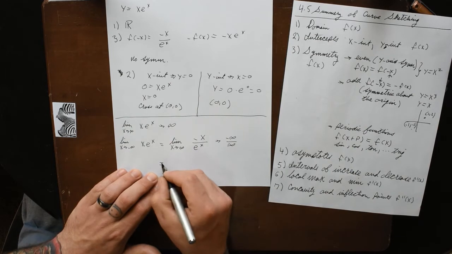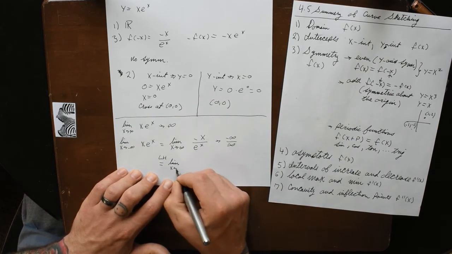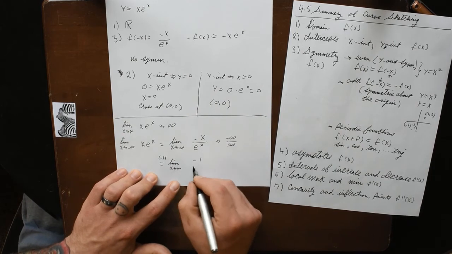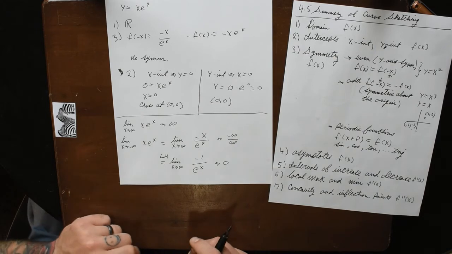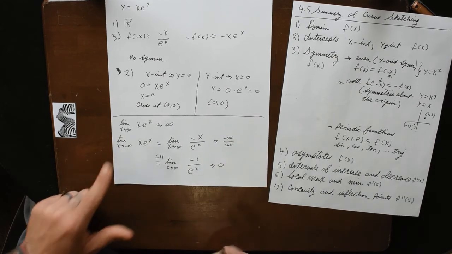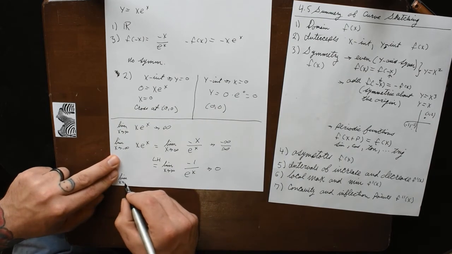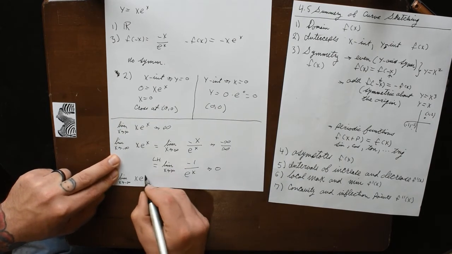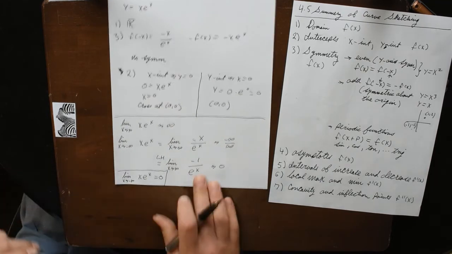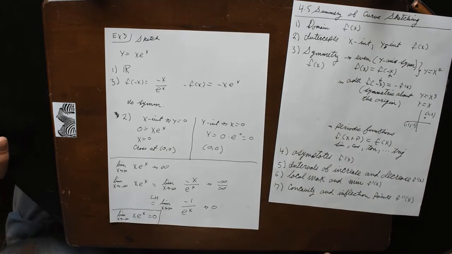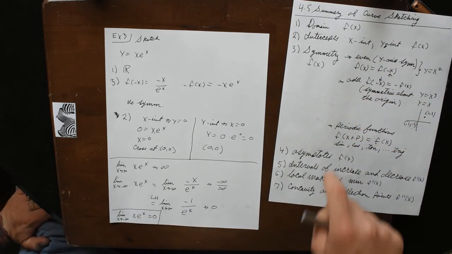So this is equal to, by L'Hopital's rule, the limit as x goes off to infinity of -1 over e to the x, which goes to 0. So, as we go off to negative infinity, the limit as x goes to negative infinity of x e to the x is equal to 0. Perfect. So we've got domain, we've done intercepts, we've done symmetry, we've talked about asymptotes.